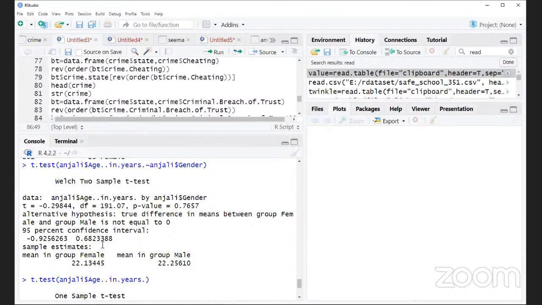So that will be highly significant. But in this case, the mean difference between male and female by age is not significant. It is 0.76. That is the thing. Okay, now you stop share.